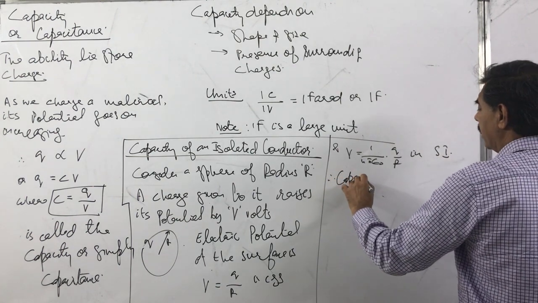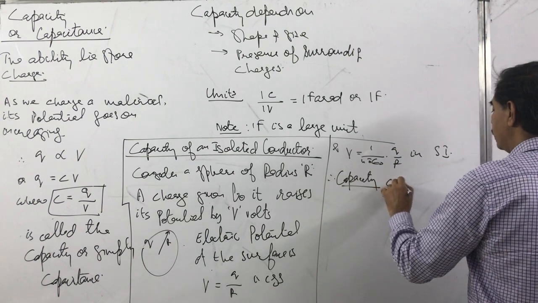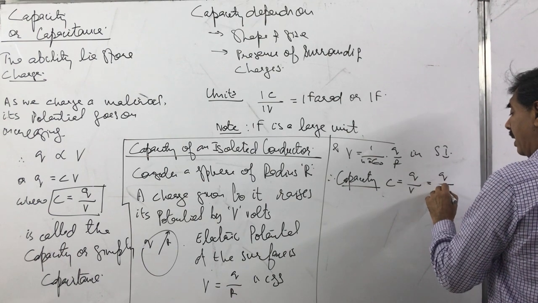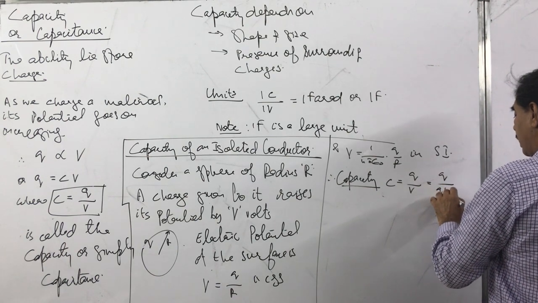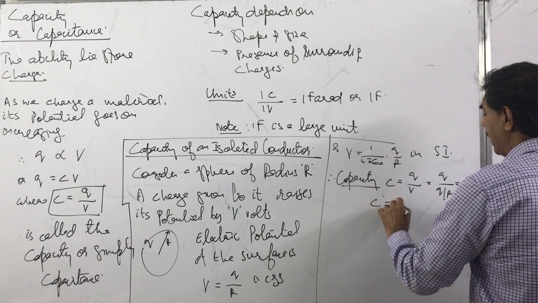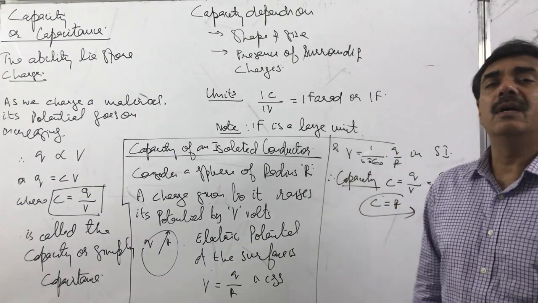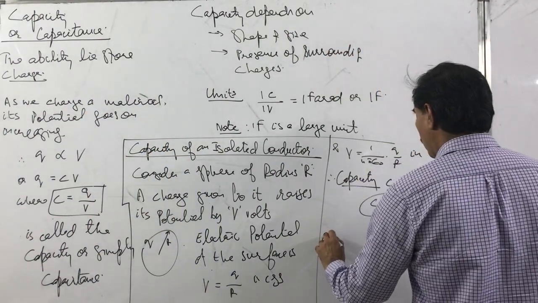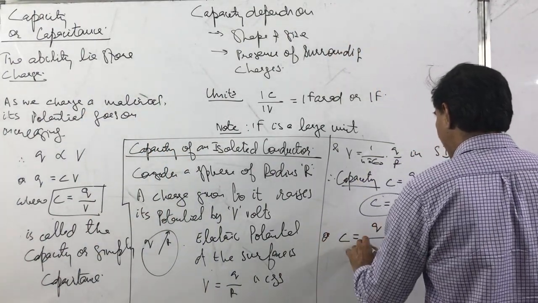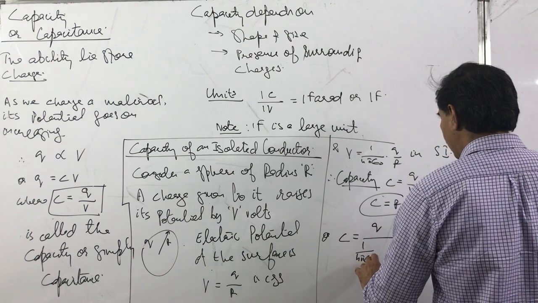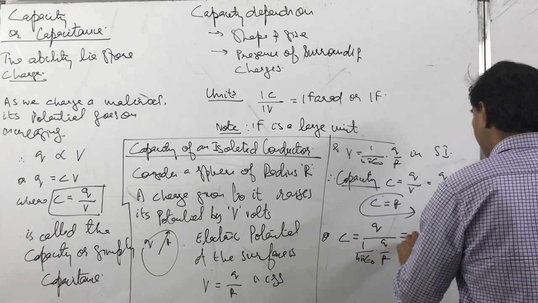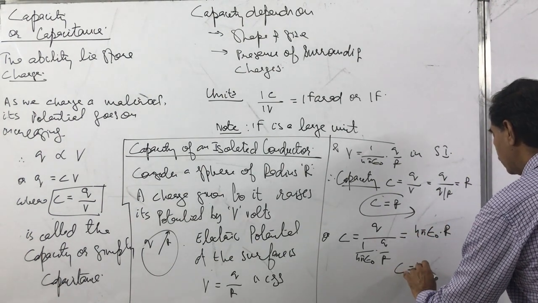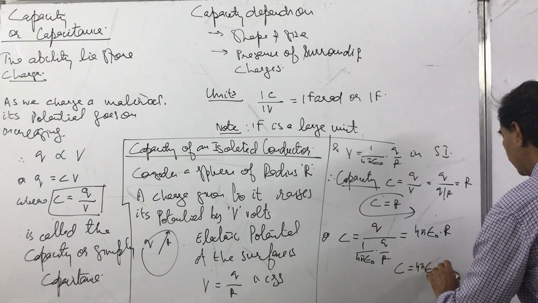Therefore, capacity C, which is Q by V, is Q by Q by R, equal to R. The capacity of an isolated conductor is numerically equal to its radius, or C is equal to Q by 1 over 4 pi epsilon naught Q by R, giving me 4 pi epsilon naught into C is 4 pi epsilon naught into R.